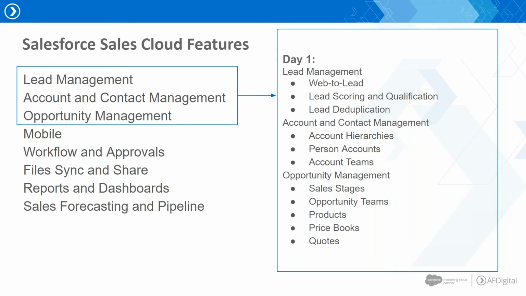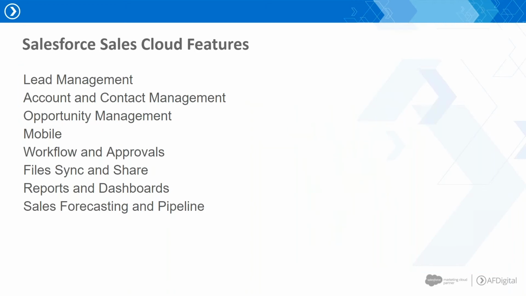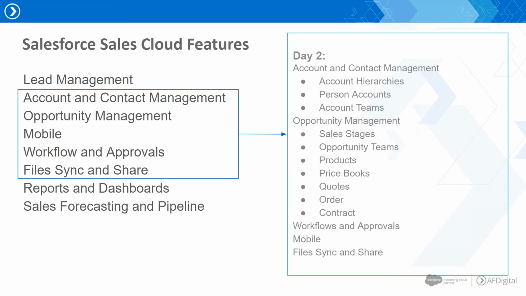So for today, for our day two, we will be discussing the account and contact management, the configuration for the account hierarchies, the person accounts, and the account teams. Then we will discuss as well the configurations on how we can do the sales stages, the opportunity teams, the products, price book, quotes, and I added as well here the order and contract.